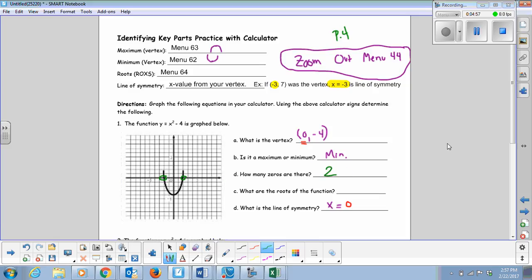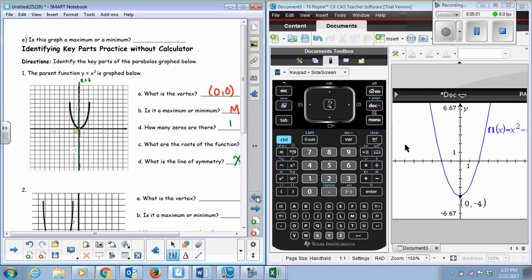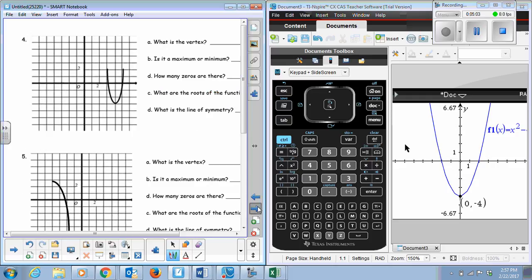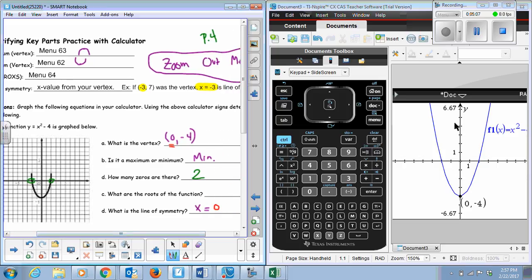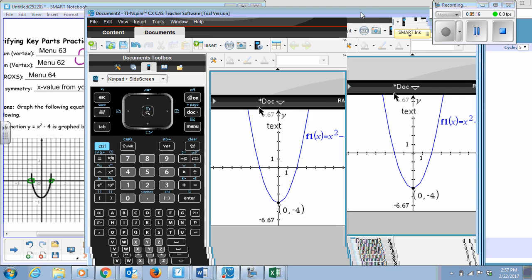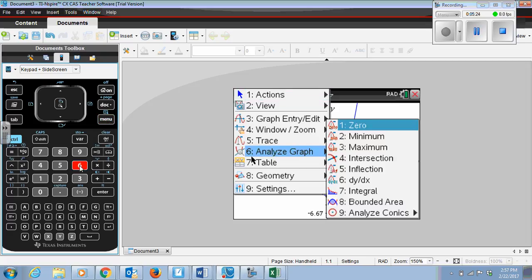And now to go through and find them, I want you to use your calculator. I don't want you to estimate just because some of the decimals get a little weird. So x squared minus 4 is our graph, and we're looking for our roots, which is menu 6-4. So I'm going to make this a little bit bigger. When you have two roots, instead of highlighting the whole page, so menu 6.